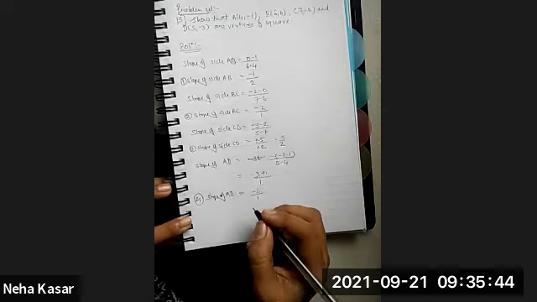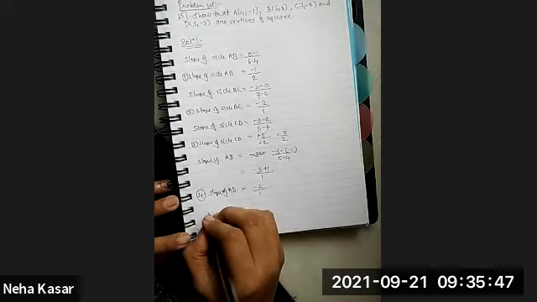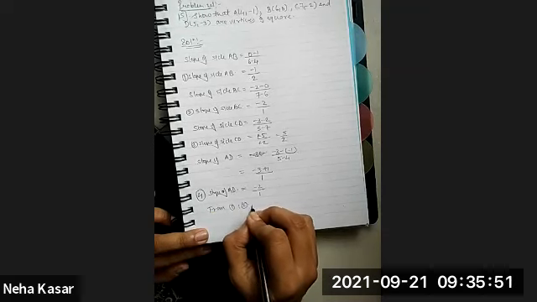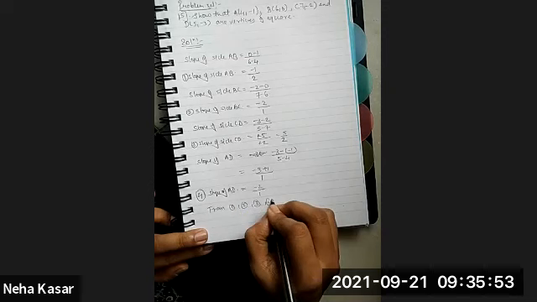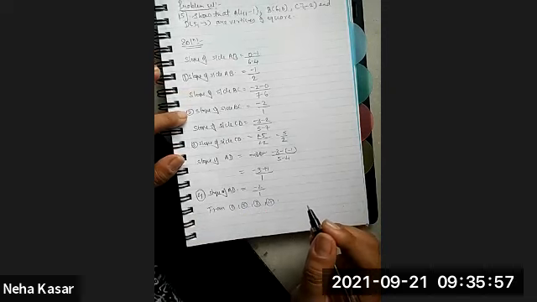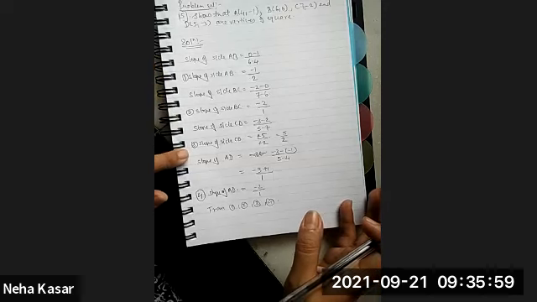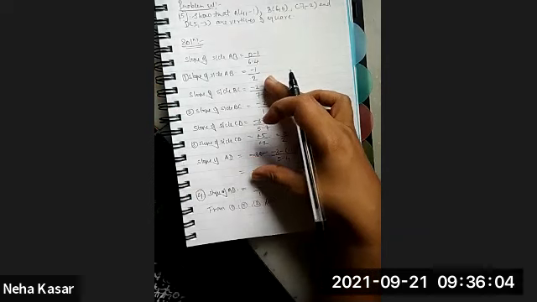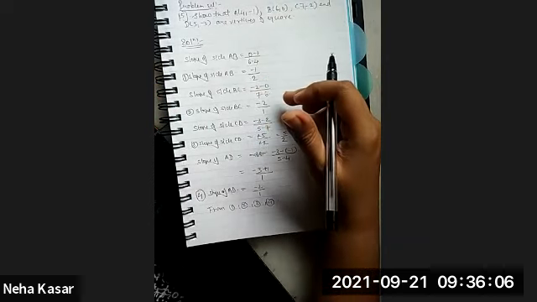Okay, so we can write, from 1, 2, 3, 4, slope of line AB is not equal to slope of line DC, is not equal to slope of line CD. Only two slopes are the same, but the other two slopes are not the same.